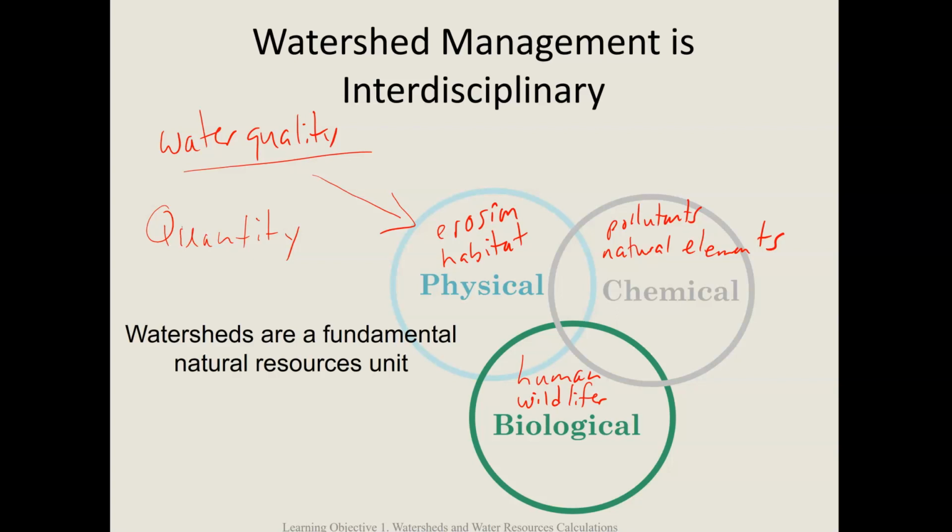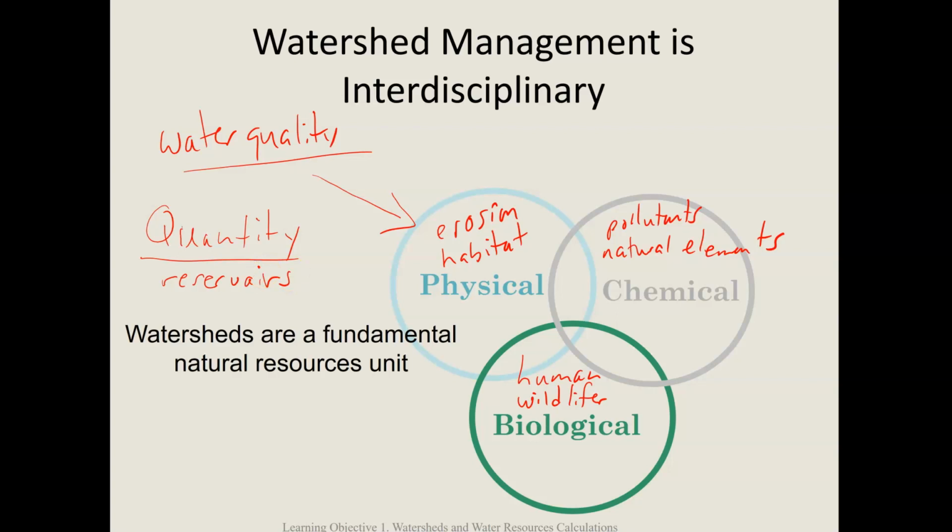So with quantity, what are we talking about? Well, water is constantly moving, and it's going to be flowing outside of watersheds. Water is always moving and flowing downhill out of watersheds. So oftentimes we need to manage this, and the primary way you probably can think of is through reservoirs.